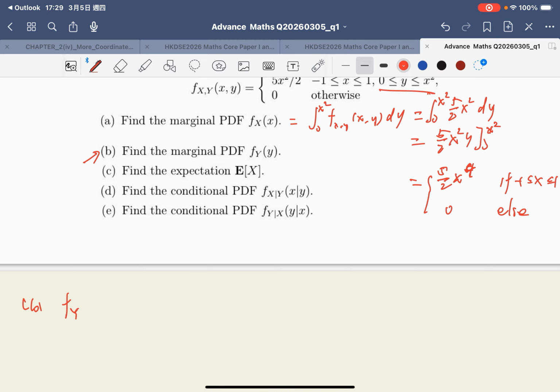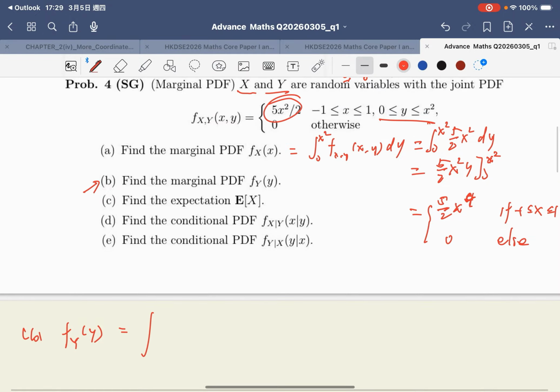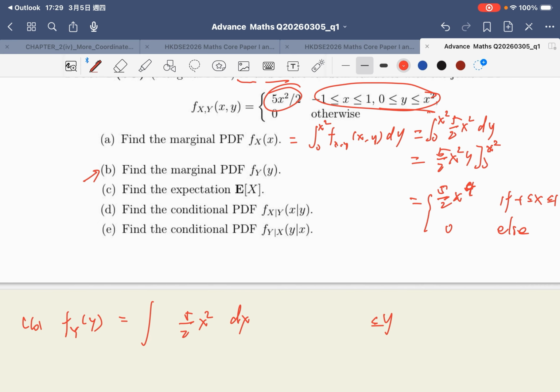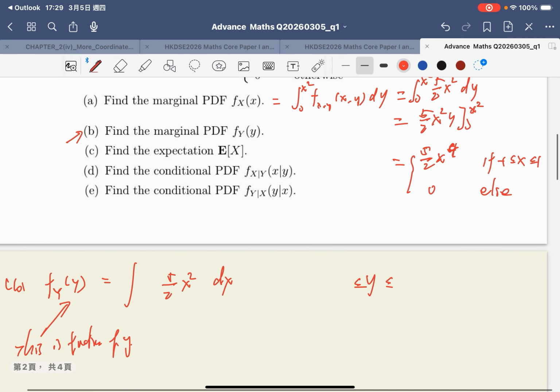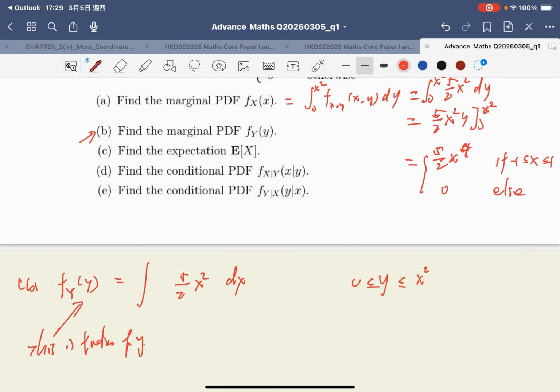I think the harder problem is this one, because if you try to find the marginal function of y, you have to integrate this function with respect to x. But you can see that the domain here is a function of y, therefore you have to change the domain.